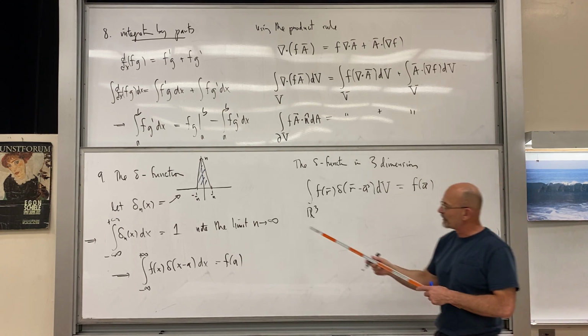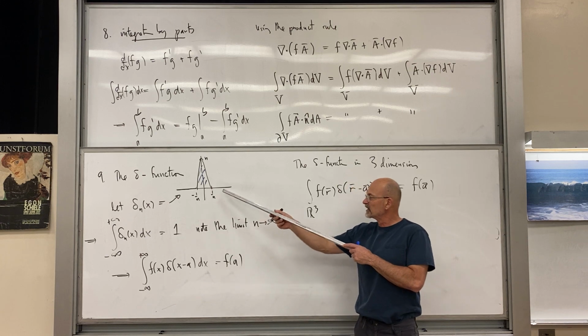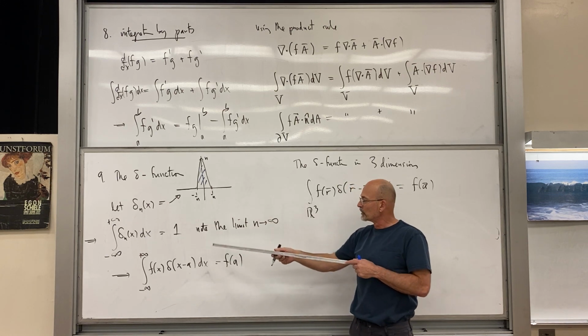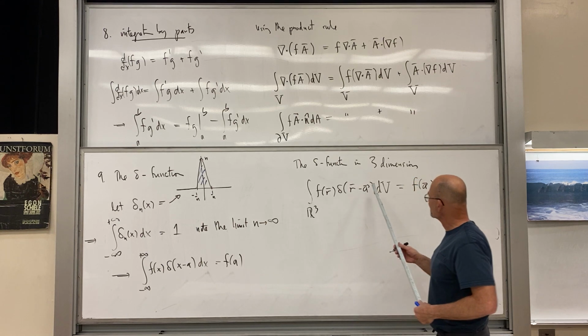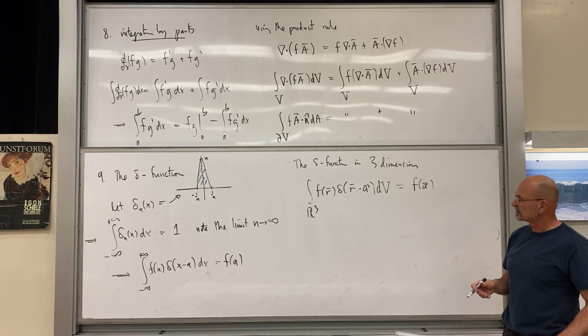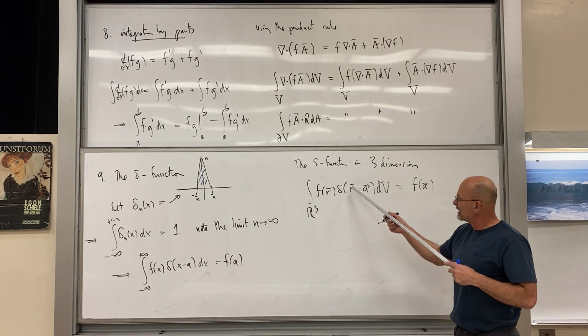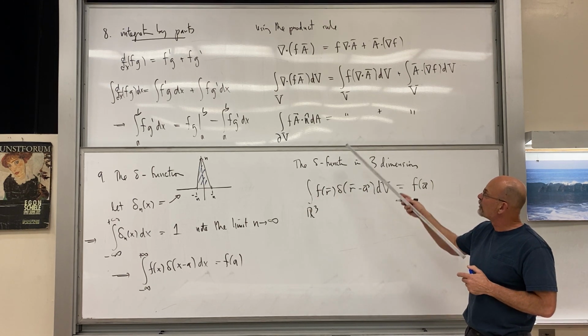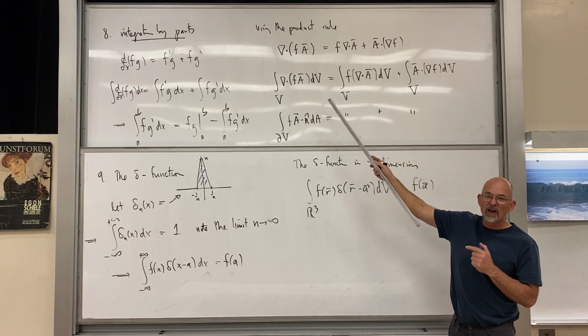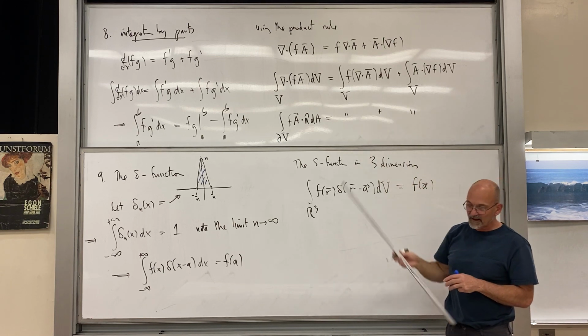So we've got the same spike behavior here, infinitely narrow, infinitely high, with that property in 3 dimensions. So we need some of these in order to operate with all of these laws that we've been putting together right now.